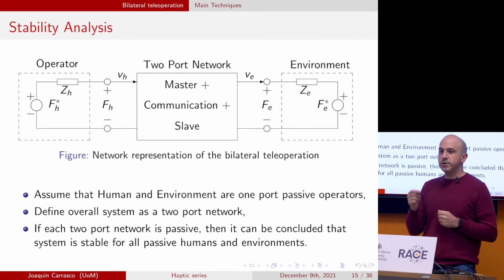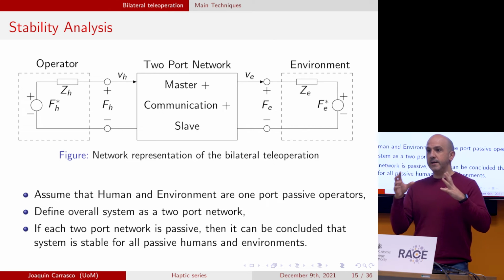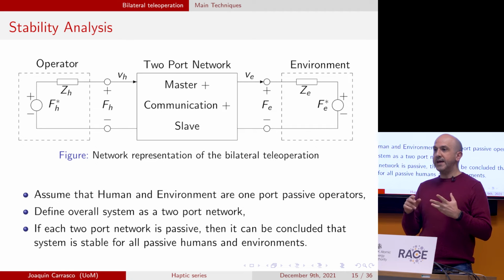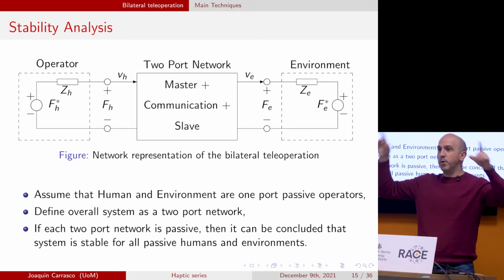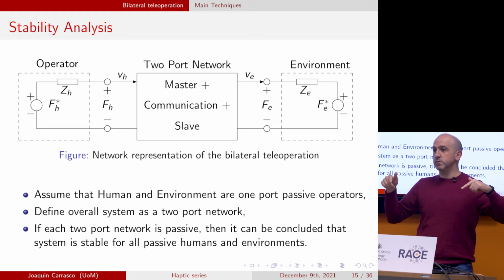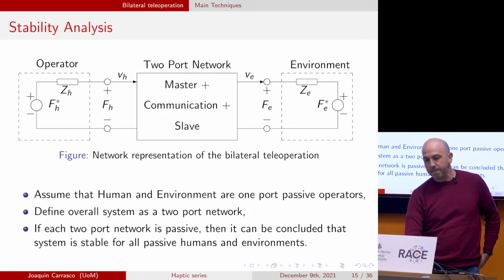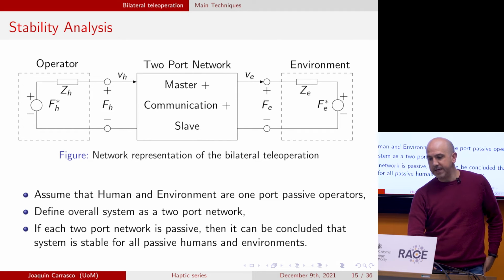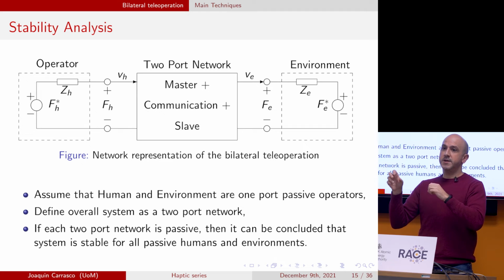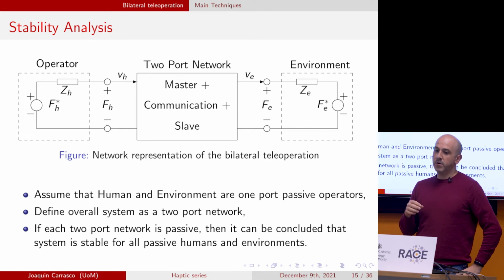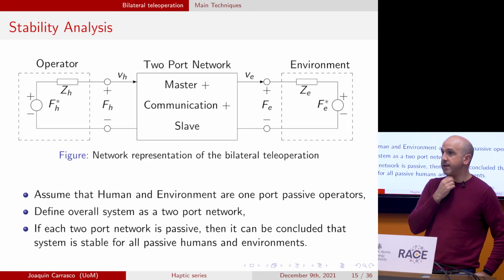And then what I need to ensure is that this block here, the combination of the local controller, the communication, and the slave controller or the remote controller, these three things as a block behave as a passive two-port interconnection, because if this is passive, then the operator and the environment all together, none of the blocks can produce energy by its own. Therefore, you cannot have bad behavior or unstable behavior due to the delay.